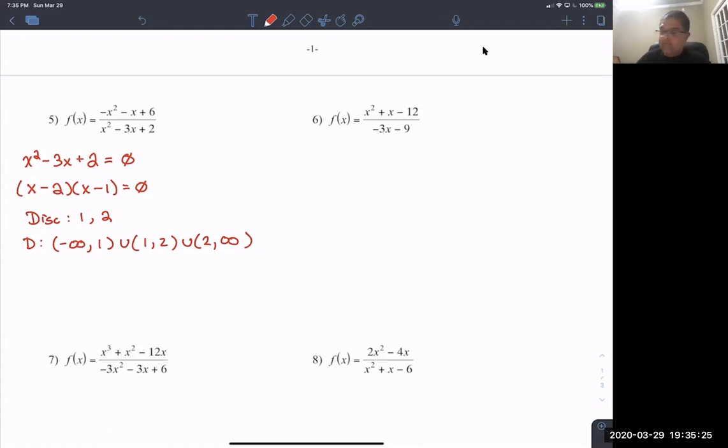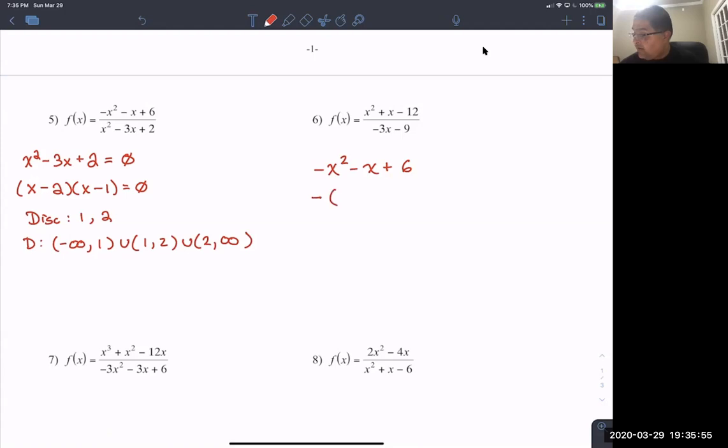Now, we're going to factor because I want to classify these as holes versus vertical asymptotes. I've already factored my denominator, but remember, I need to also factor my numerator. Before we factor the numerator, we want to make the leading coefficient positive. In this case, the leading coefficient's negative, so we want to factor out a -1.